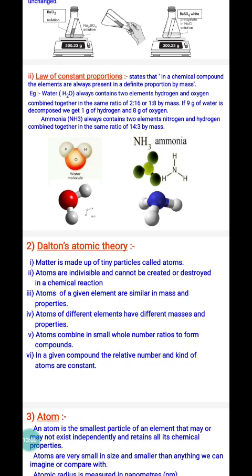Okay, once more, revise the 6 postulates. Number 1: matter is made up of tiny particles called atoms. Second: atoms are indivisible and cannot be created or destroyed in a chemical reaction. Third: atoms of a given element are similar in mass and properties.